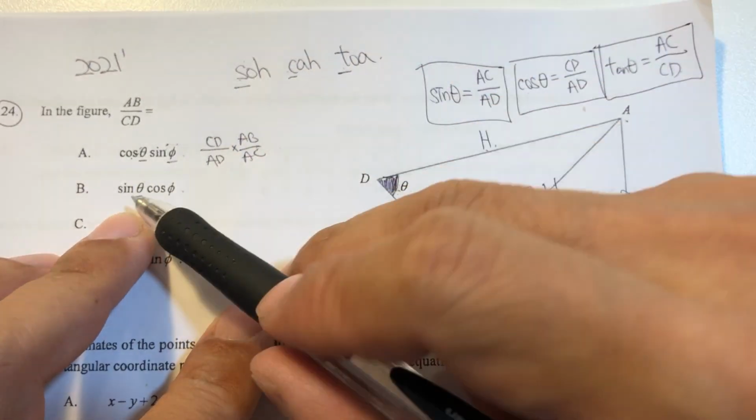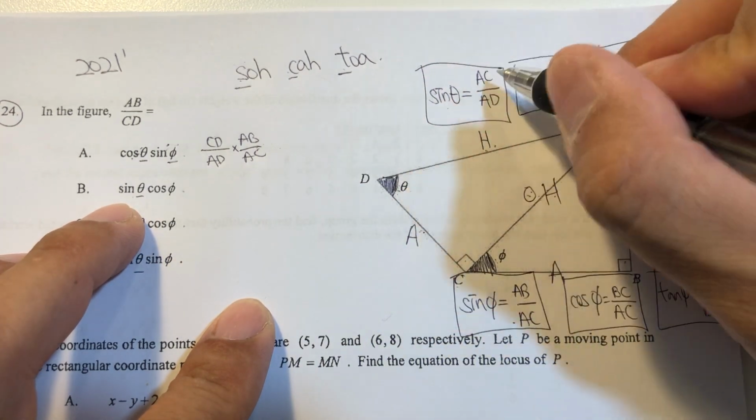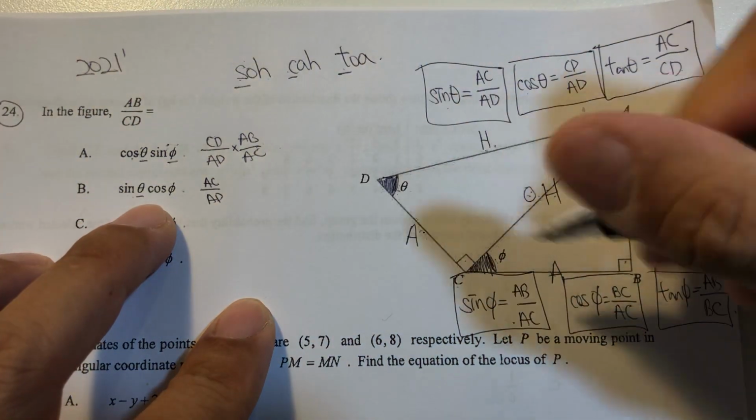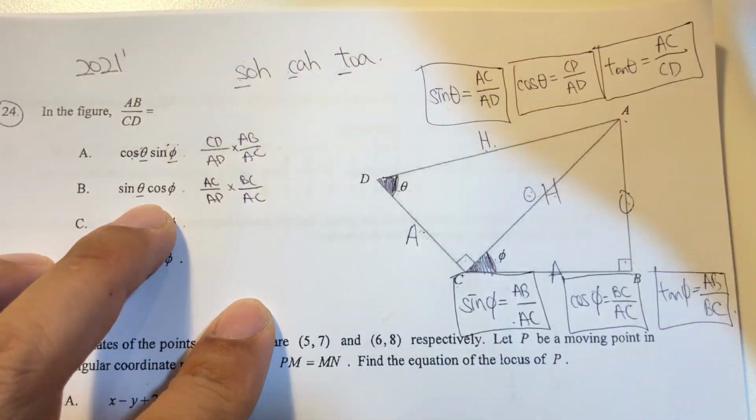And then let's continue. What about sine theta? Sine theta is AC over AD. Cosine phi is BC over AC.